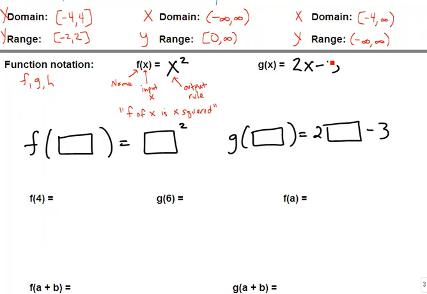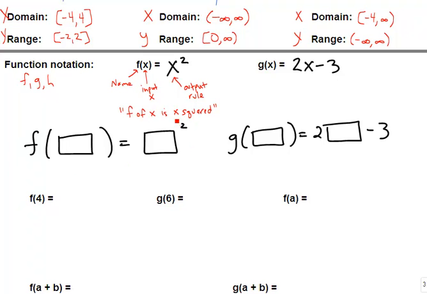Now, a lot of times when I'm first teaching about functions, I like to think of our functions very generally. Instead of just thinking of it as f of x equals x squared, you can think more generally and think of this as f of stuff equals stuff squared. So that's what this notation is.